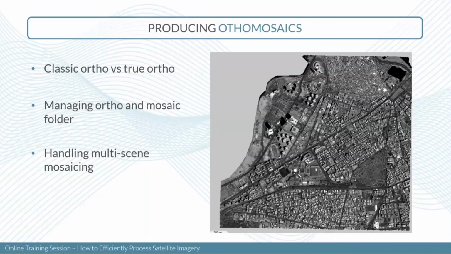You're still going to have what we call parallax effect in elements such as buildings or other elements that are not terrain related. But if you want to correct for such elements, you can do what we call a true ortho. The true ortho is going to be ortho-rectified images directly from the surface model.